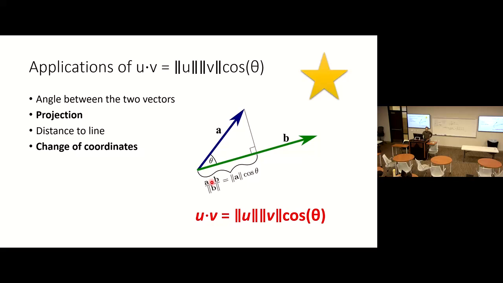So A dot product B is the length of the projection of A on B. So we can use this length of projection as the new coordinate. Okay, so this projection computation is used to change the coordinates from the origin, and it becomes this using B as a new x-axis.